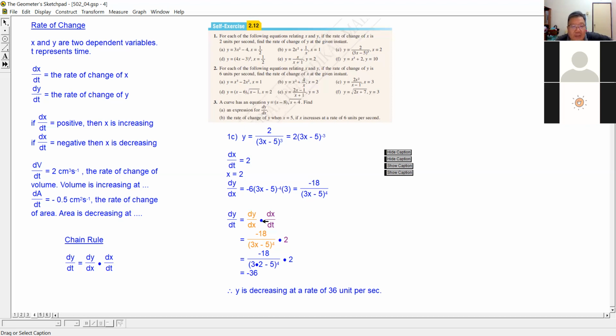So here I put dx/dt is 2, then here I put x equals 2. Where does this come from? Now they say x equals 2. Can you see the x equals 2 here? Yes. So all the things are actually laid out inside the question, and you take them and put them inside.